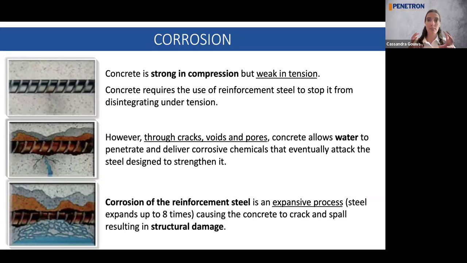Now, rust is an expansive process, and it can expand up to 8 times its size. Now, that should give you a good idea of that expansive pressure that is going to be inside of your concrete. And that's when your concrete starts to crack and spoil, so pieces fall off of it, right? And if your concrete doesn't get maintained, that then results in structural damage.